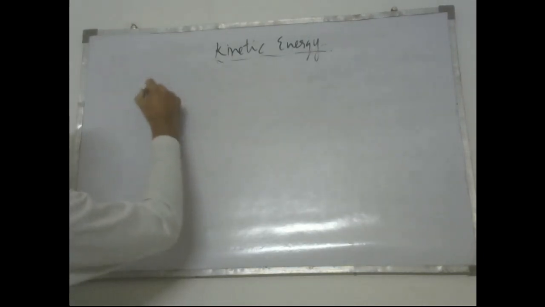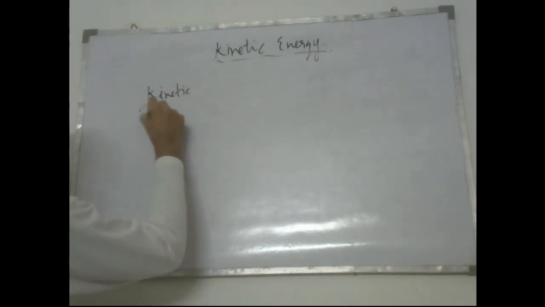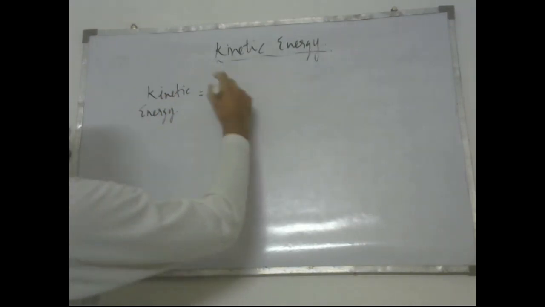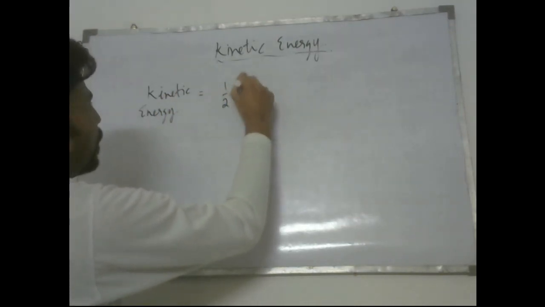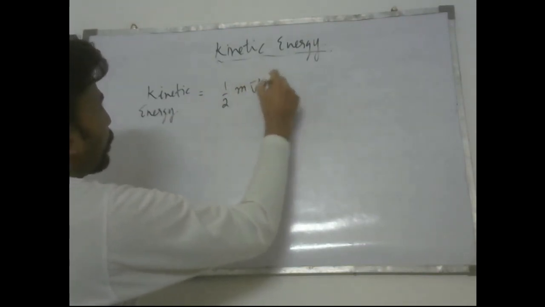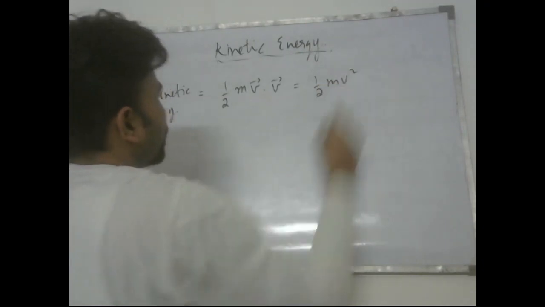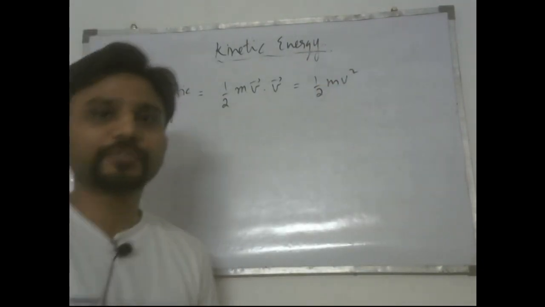To mathematically define kinetic energy, I can say it is simply half m v dot v, or half m v square. So this is the expression of kinetic energy.